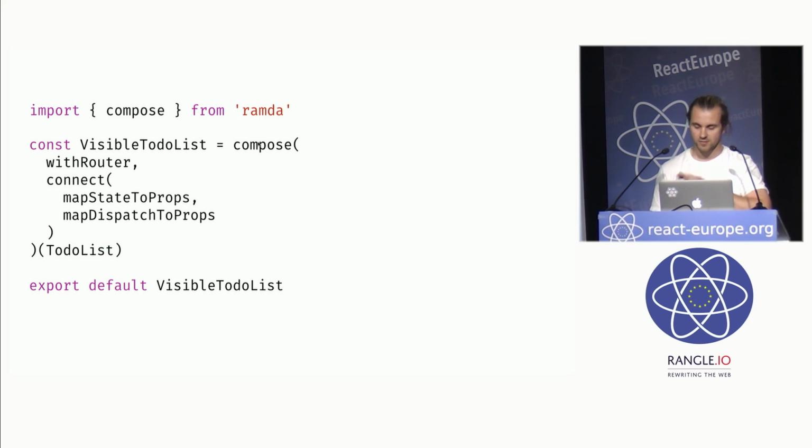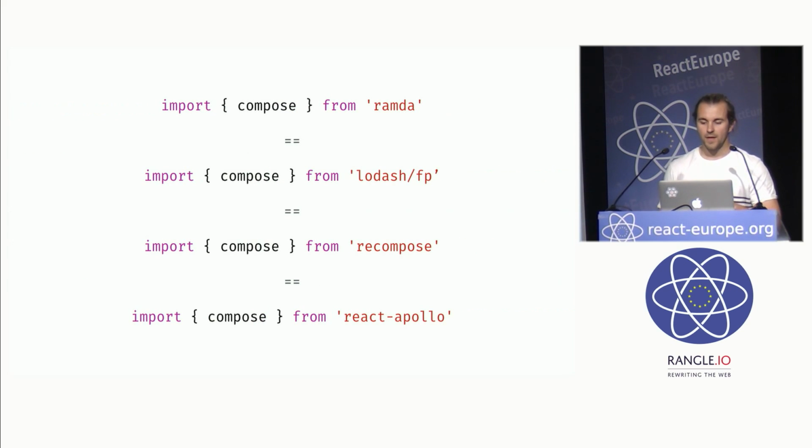What's interesting is that this is not only in Ramda or Lodash FP, it's also in Recompose, a library built by Andrew Clark, who gave a keynote yesterday. It's also in React Apollo. All of these compose functions might be implemented a little differently, but they all do exactly the same in the end.